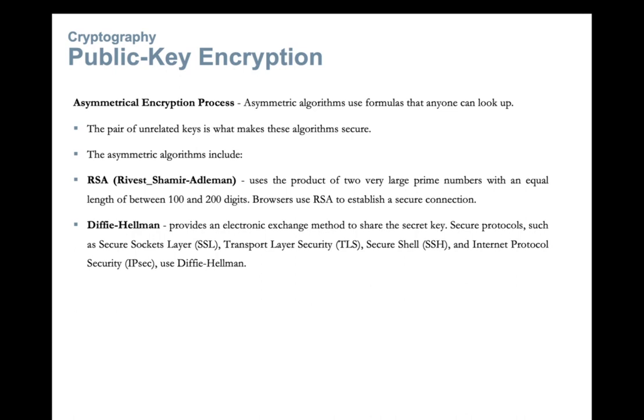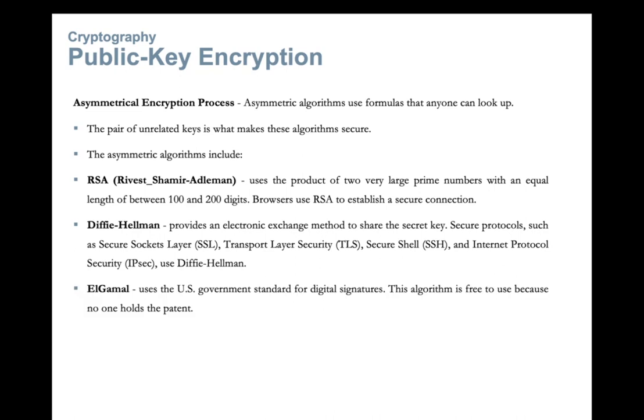Another one is ElGamal. The ElGamal asymmetric key algorithm is used in the US government standard for digital signatures. This algorithm is free for use because no one holds the patent of the ElGamal algorithm.